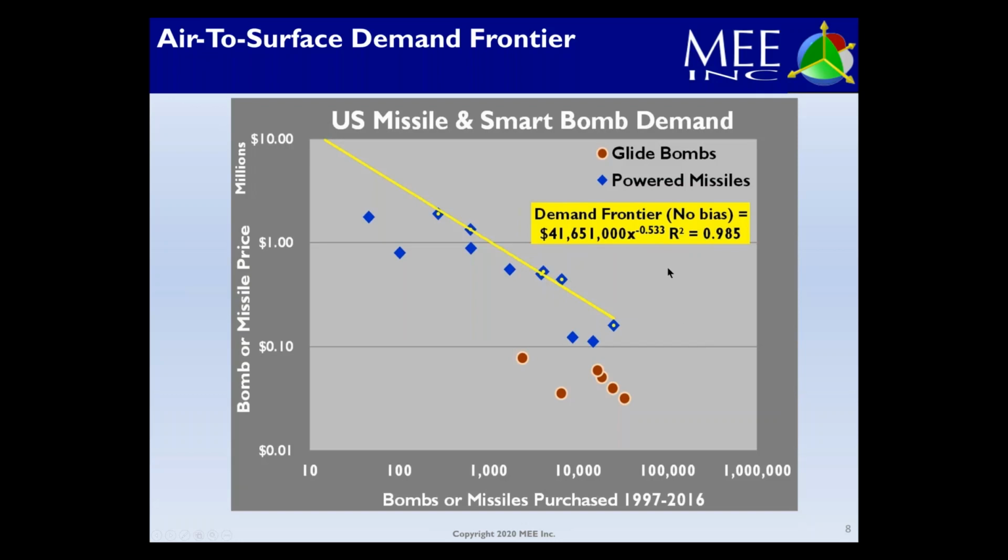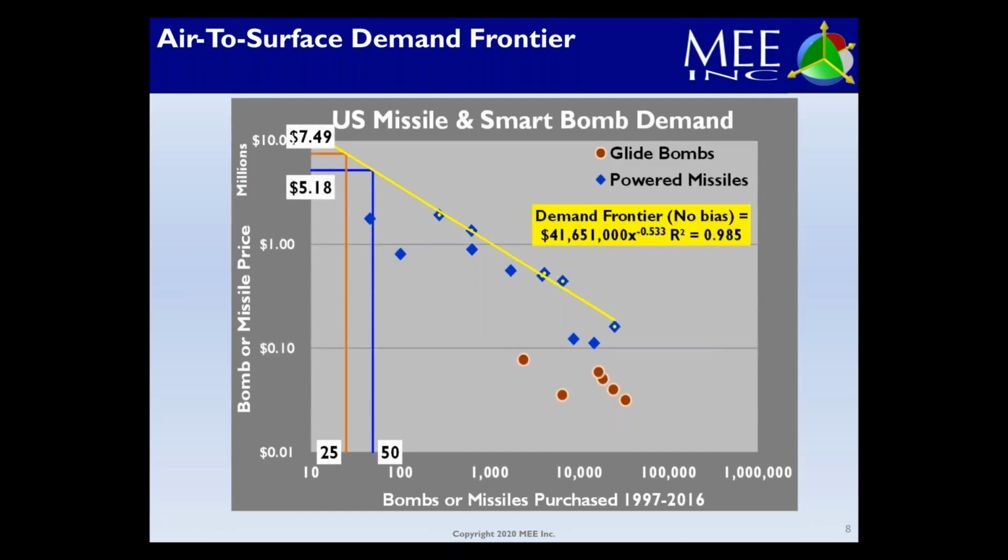And you say to yourself, well, if we want to make a hypersonic air-to-surface missile, it's probably going to cost more, and we're not going to be able to afford very many. So what would happen if we decided to make 25 or 50 of them? You can take that data and run it back into the curve. You find that you have these limits here, a little over 5 and roughly 7.5 for 50 and 25 of these devices, respectively.